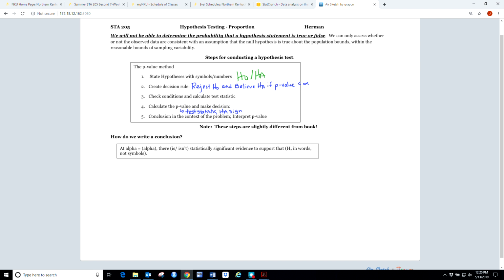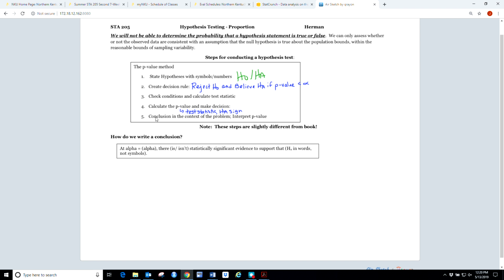And then if it's one-tailed, do I shade left or shade right? So in order to calculate that probability or p-value, I need to also know how I should be shading my picture, which I get from my alternative hypothesis. Then once we have that p-value, we can make our decision by going back up to step 2 and comparing our p-value now to our significance level.